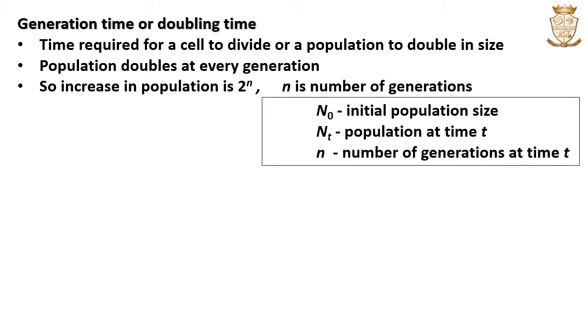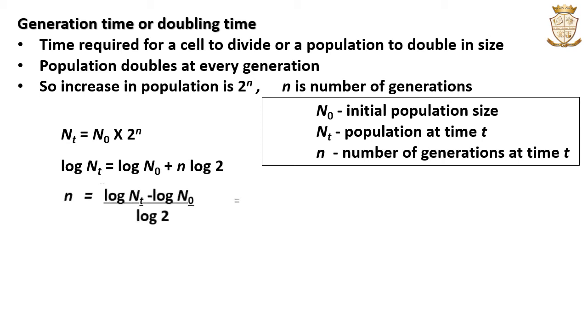So, if n0 is the initial population size, nt is the population size at time t, and small n is the number of generations at time t, then nt is equal to n0 multiplied by 2 raised to n. If we apply logarithm on both sides, log nt is equal to log n0 added with n log 2.